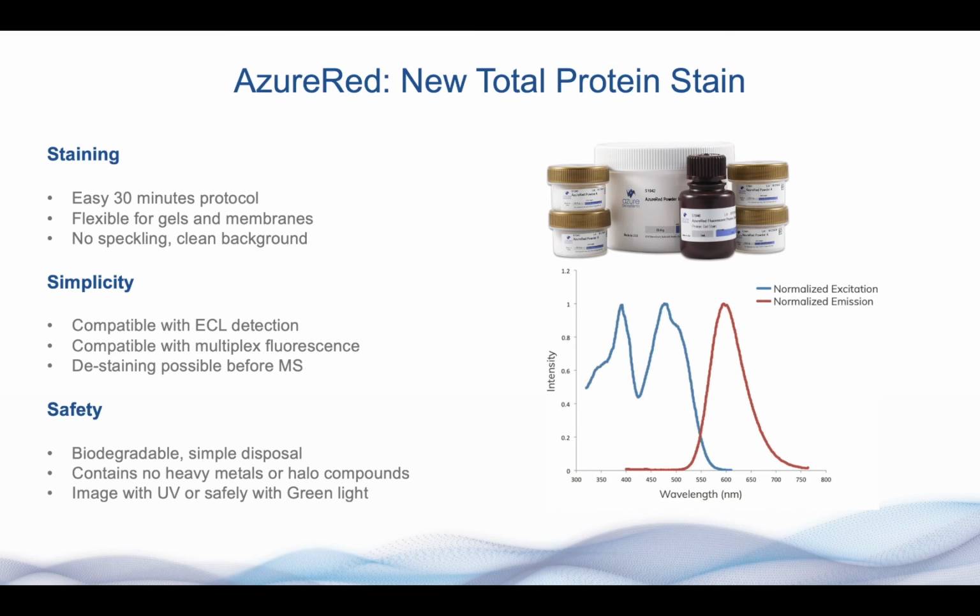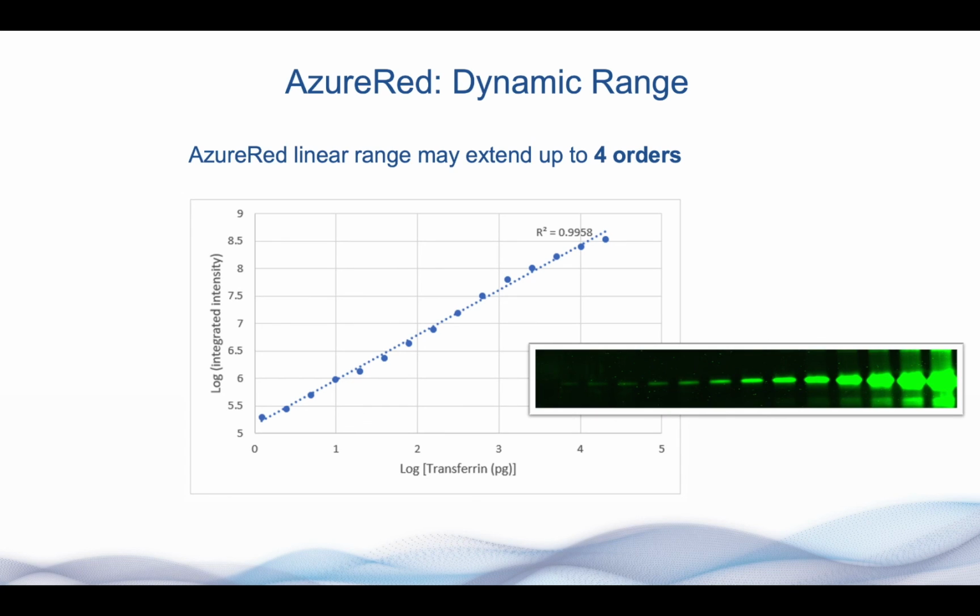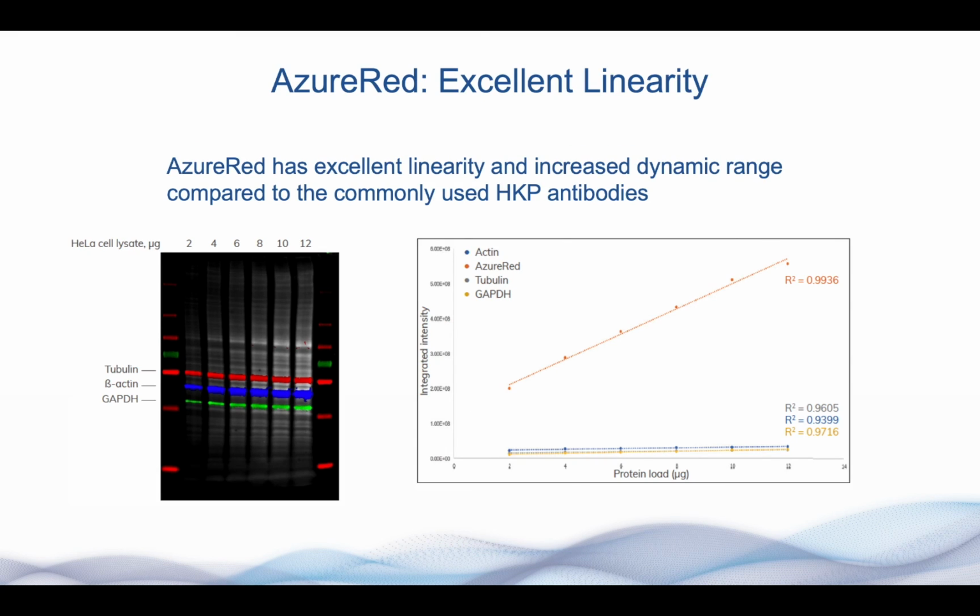Azure is quite quick and it doesn't shine when it's not bound to proteins. It can also be easily disposed of, and it degrades very easily biologically. Azure has a dynamic range of up to 4 orders of magnitude, which gives us a great possibility to normalize our Western blots to something other than standard housekeeping proteins.